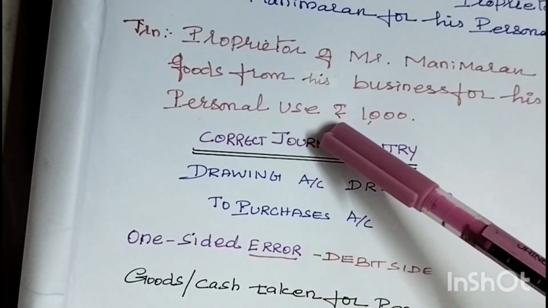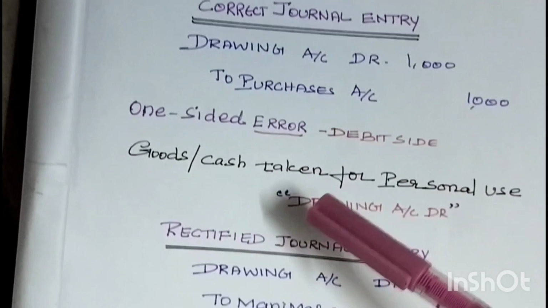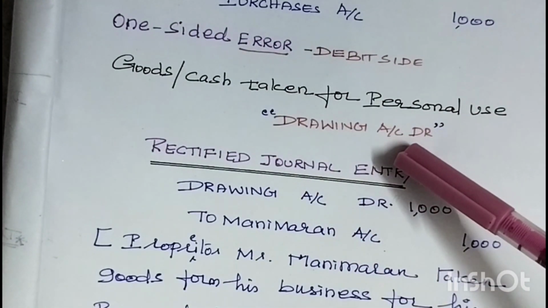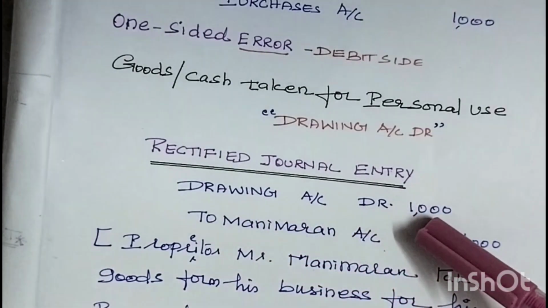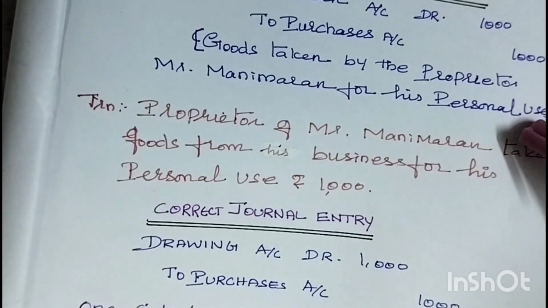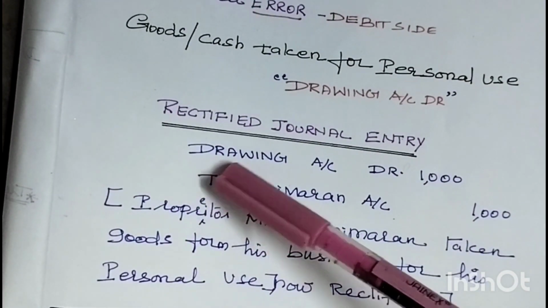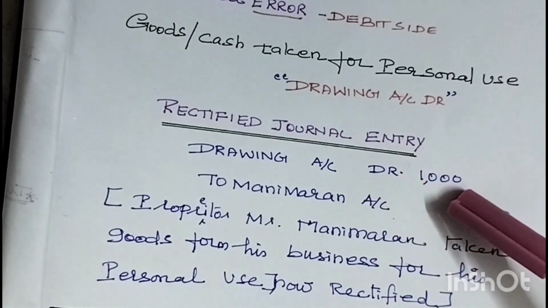Whenever you see personal use, you have to use the term drawing account debtor. So on the debit side you have to enter drawing account debtor. They have given here the narration personal use. We enter the rectification journal entry: drawing account is debited with 1,000.